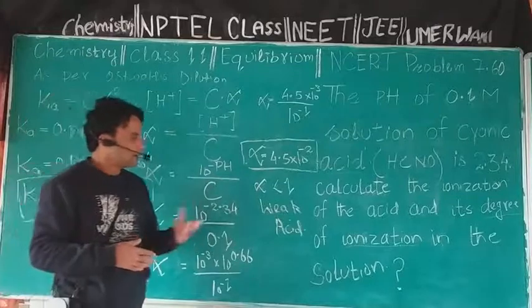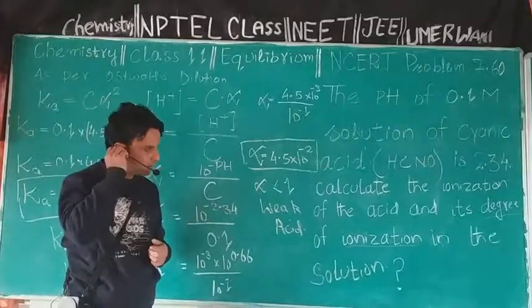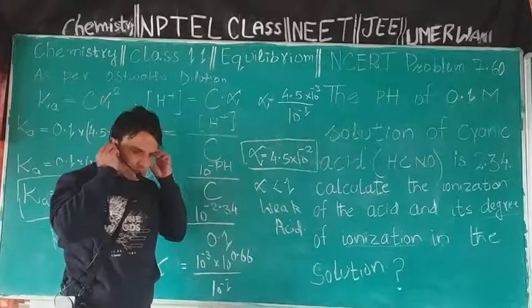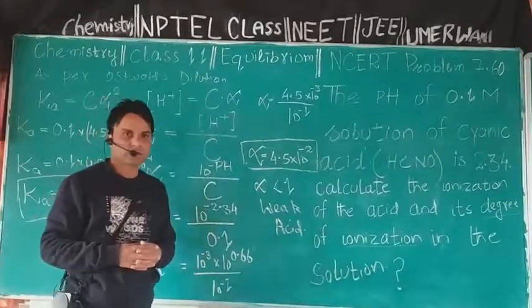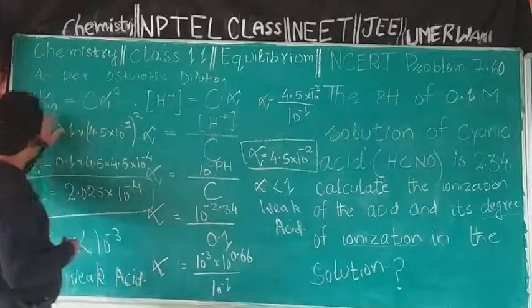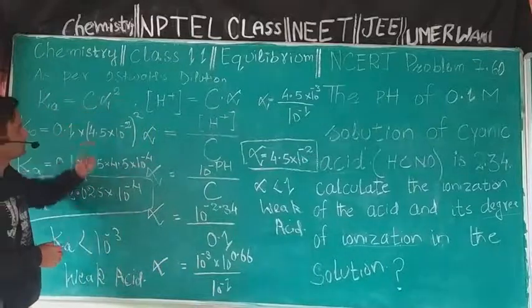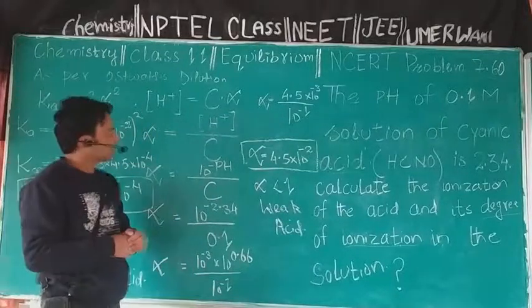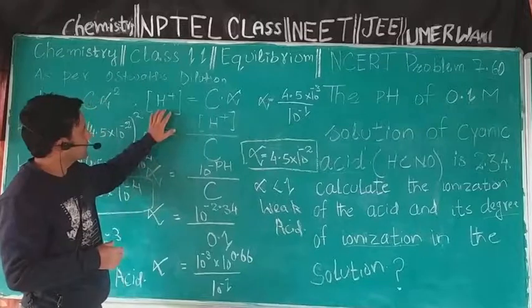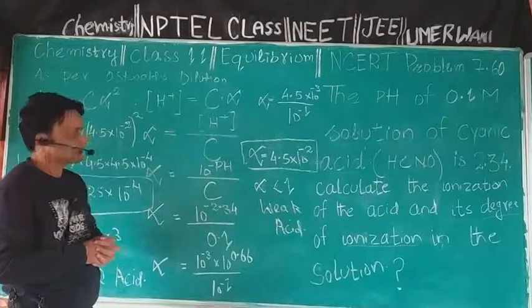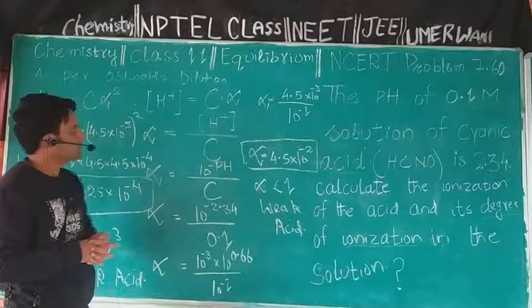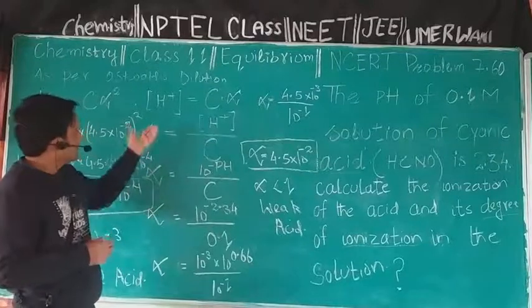For that, the idea I used is that cyanic acid is a weak acid and it is bound to follow Ostwald's dilution law, which relates ionization constant with molar concentration and degree of ionization. Also, for a weak acid, we know that the H positive ion concentration in solution is equal to C alpha, where C is molar concentration and alpha is the degree of ionization.